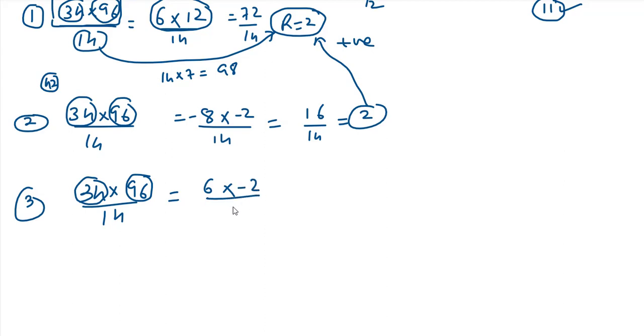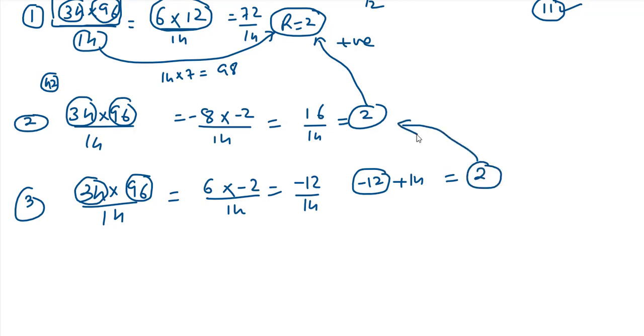So we'll take the product and divide it by 14, which will be minus 12 divided by 14. So minus 12 divided by 14 will give us a remainder of minus 12. As I have said previously, remainder can never be negative. We'll have to make it positive by adding the divisor. So we'll add 14 to it. So we'll get the remainder as 2, which is again the same answer. So in this way, you can use positive remainder and negative remainder to arrive at your answers.